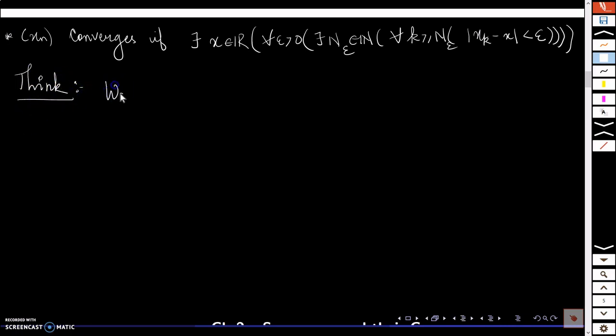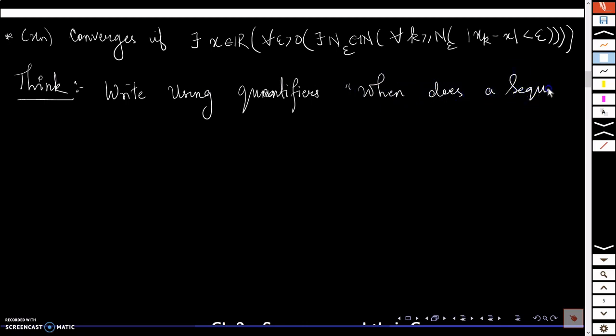Okay, so write using quantifiers when a sequence does not converge to a point x in R. So you just have to negate the statement of convergence.